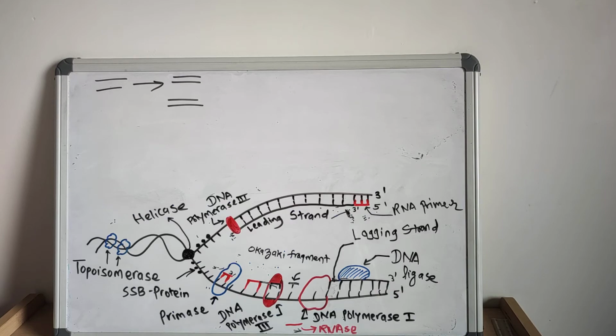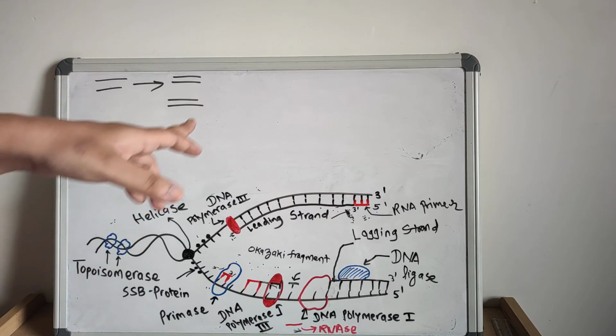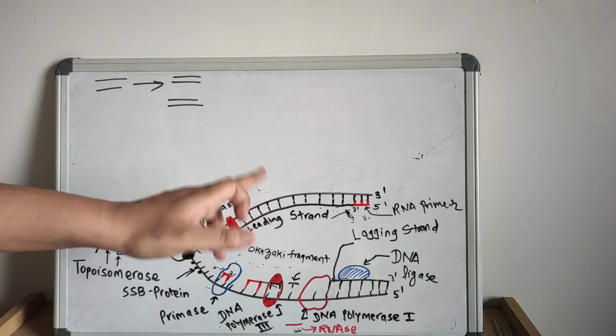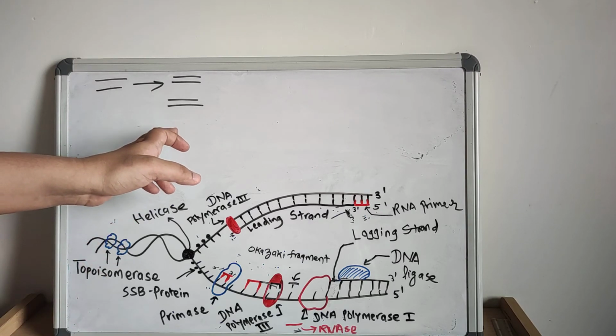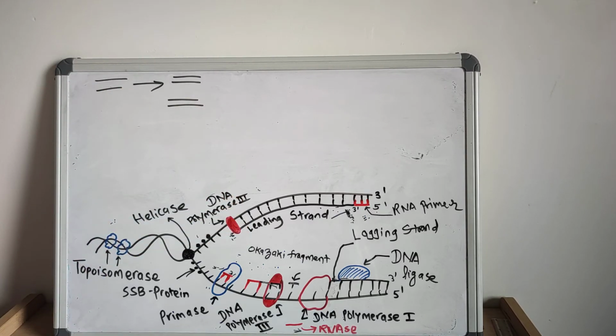Now first of all, where the DNA synthesis should occur, the origin of replication is identified. In the prokaryotic cell there is one origin site per chromosome, but in the eukaryotic cell there are multiple sites per chromosome.